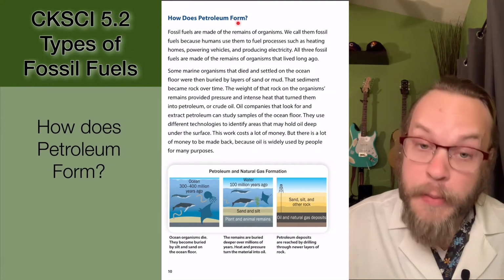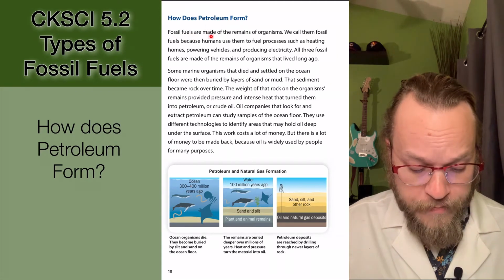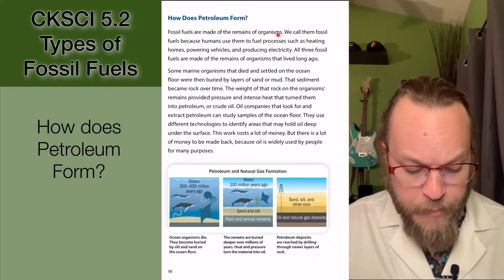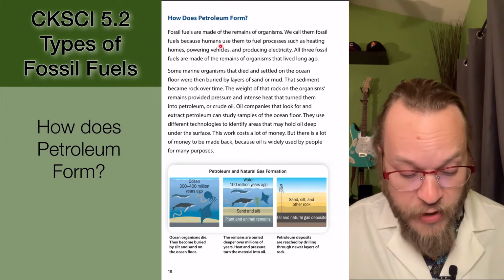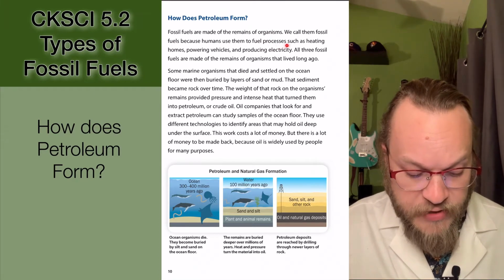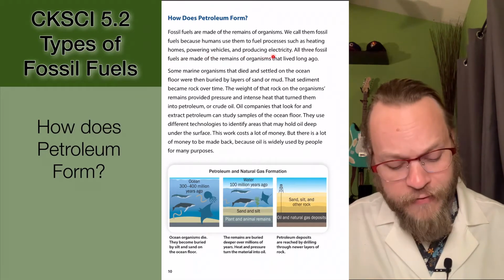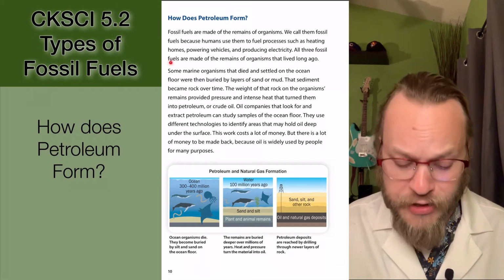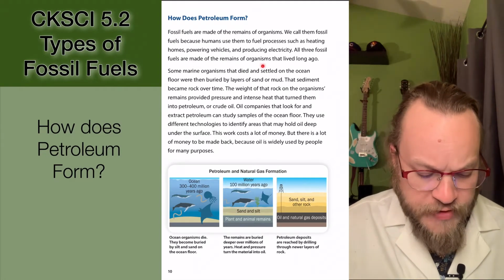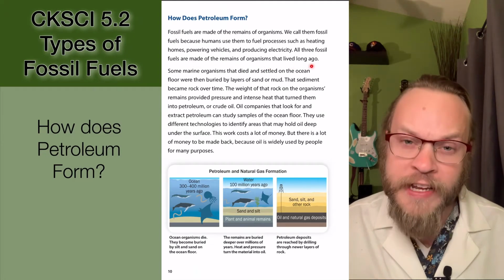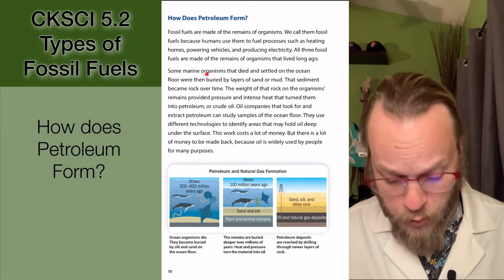How does petroleum form? Well, fossil fuels are made up of the remains of organisms. We call them fossil fuels because humans use them to fuel processes, such as heating homes, powering vehicles, and producing electricity. All three fossil fuels are made of the remains of organisms that lived long ago.